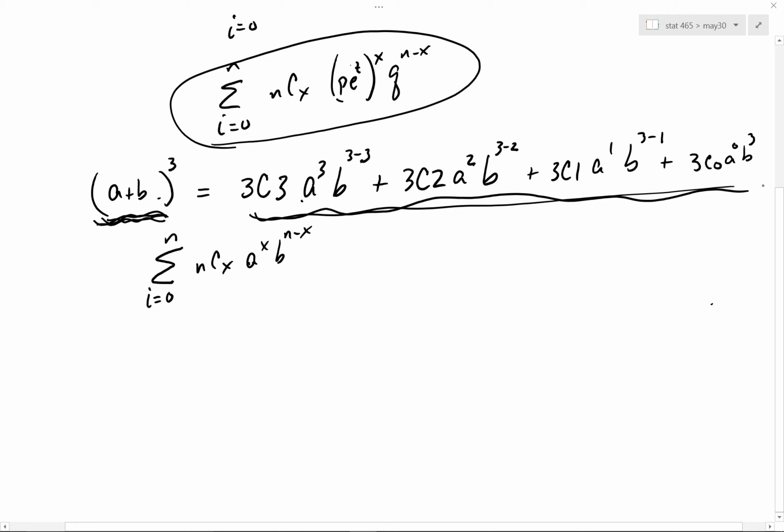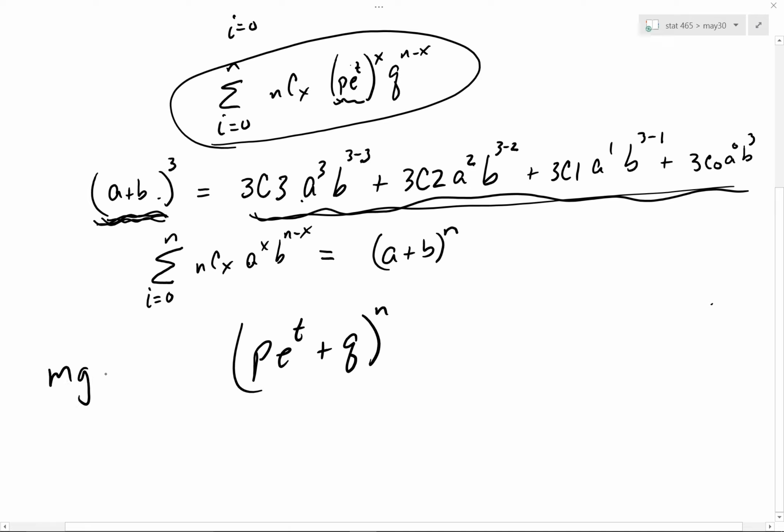And what I'm telling you is that this is another way of saying a plus b to the n power. Which means that my a up here is p e to the t, and my b up there is q, all to the n power. And so in theory, this should be my moment generating function.